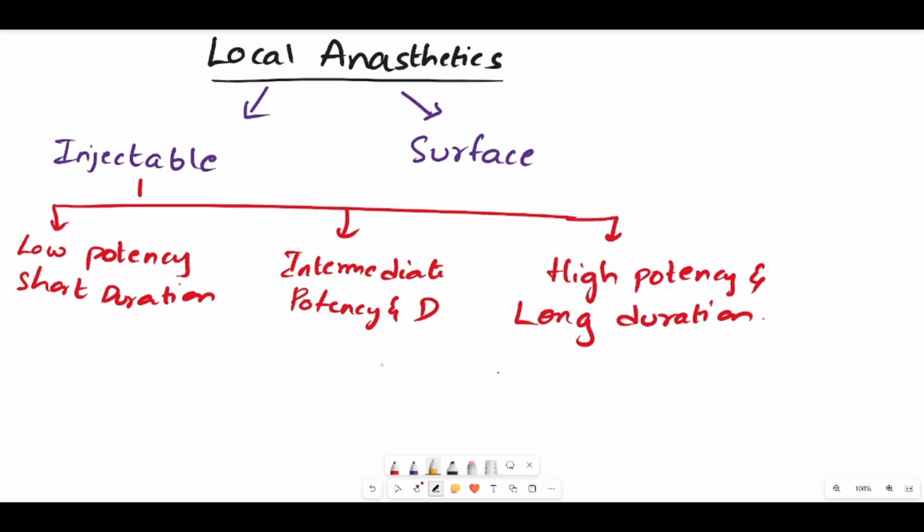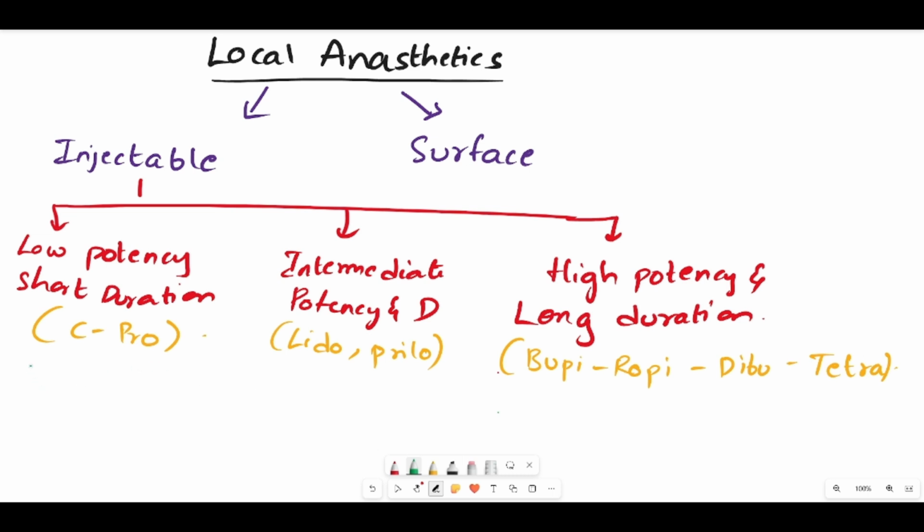Coming back to the examples: under low potency and shorter duration, remember C Pro. For intermediate potency, remember Lido and Prilo. And for high potency and longer duration, remember Bupi, Ropi, Dibu, and Tetra.